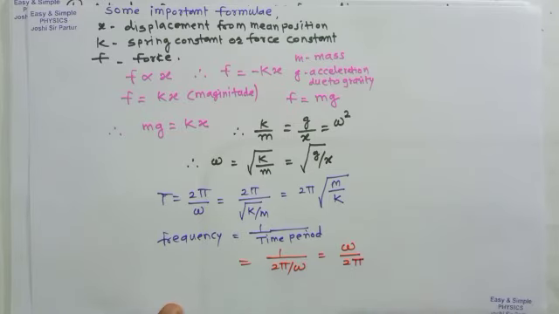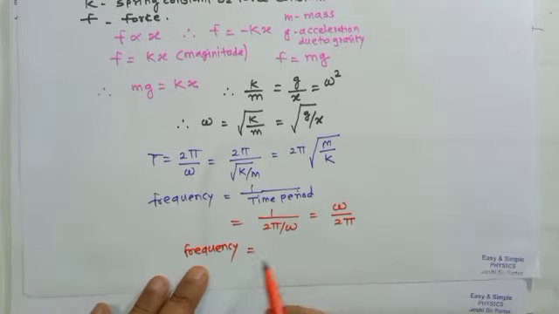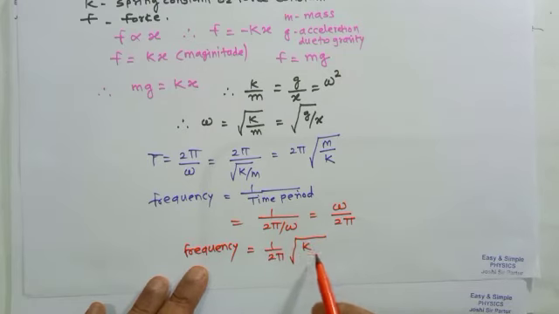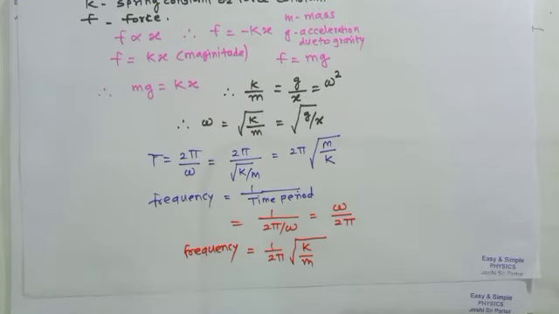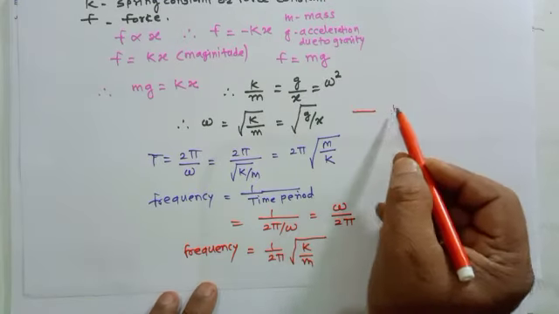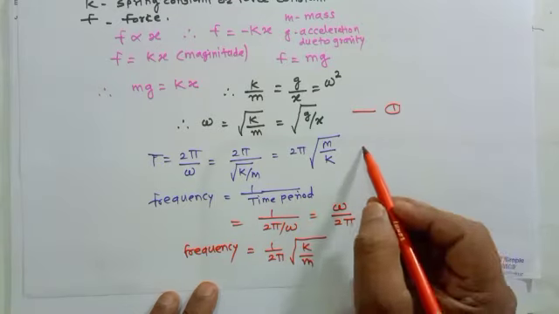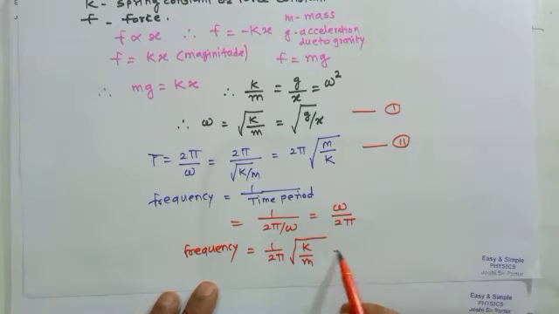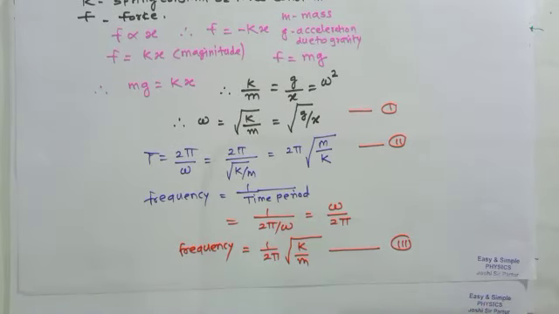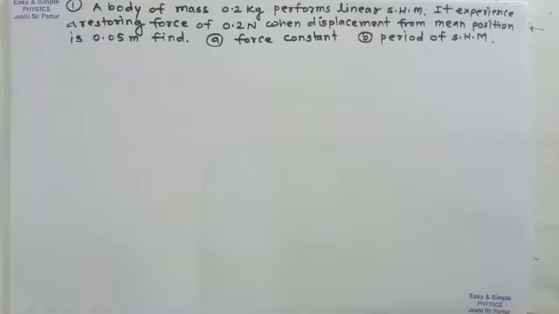So if we substitute the value of omega, frequency is 1 upon 2 pi square root of k upon m. So we can use the first formula for force, the second formula for time period, and the third formula for the frequency. Using these formulas we can solve the examples.